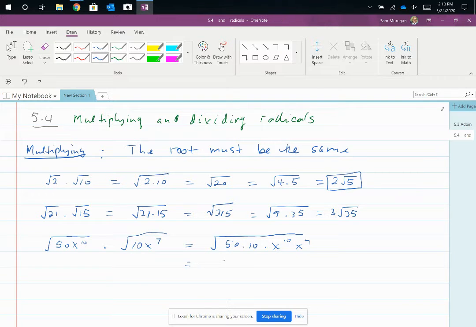So this is 500 x, and remember when we multiply exponents with the same base, we add the powers. So this is x to the 10 plus 7, not 5, 7. So x to the 17th power, all under the square root.